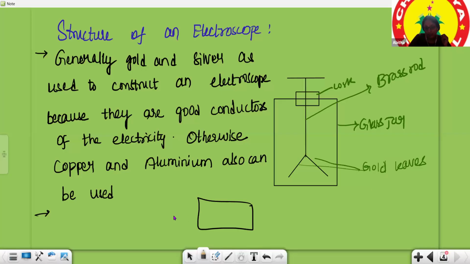In any object, if the charges are moving from one end to the other end, then it is called electricity. I explained this definition when I taught you about charges. Understand?